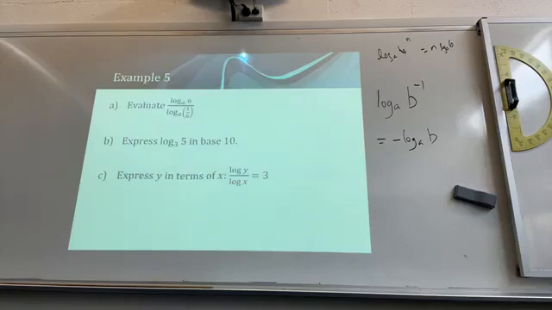Alright, last one. Can you evaluate that? Yes. Last example. I think that's the last example.